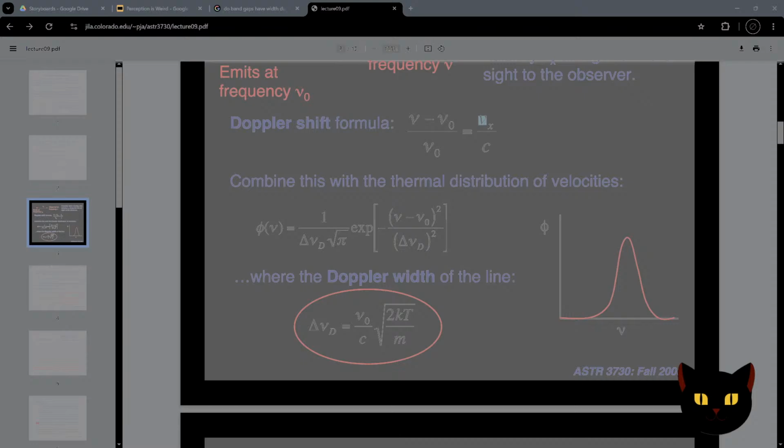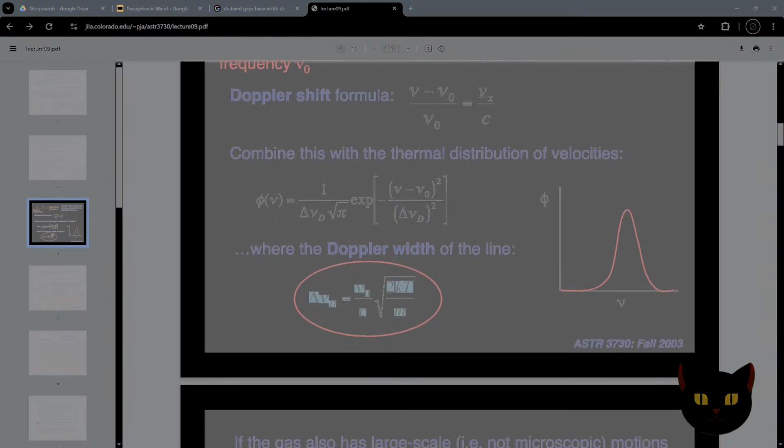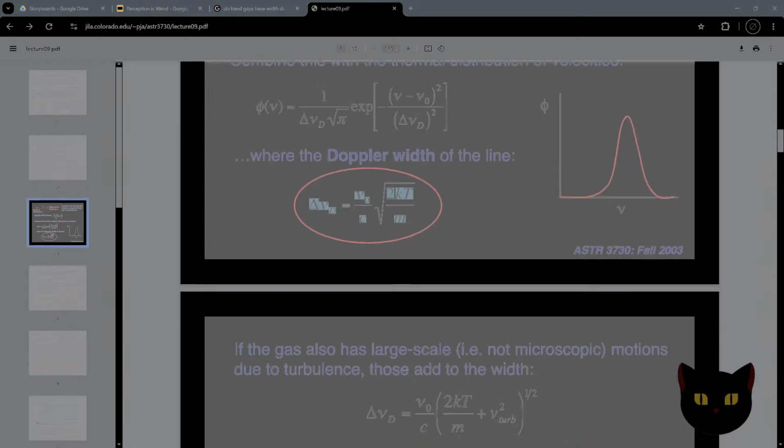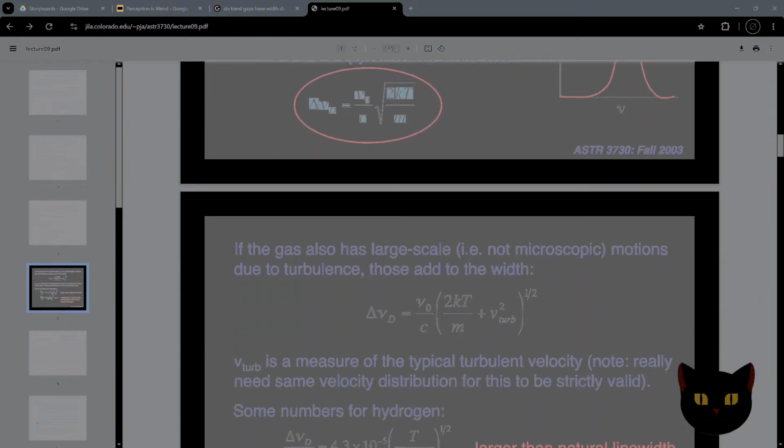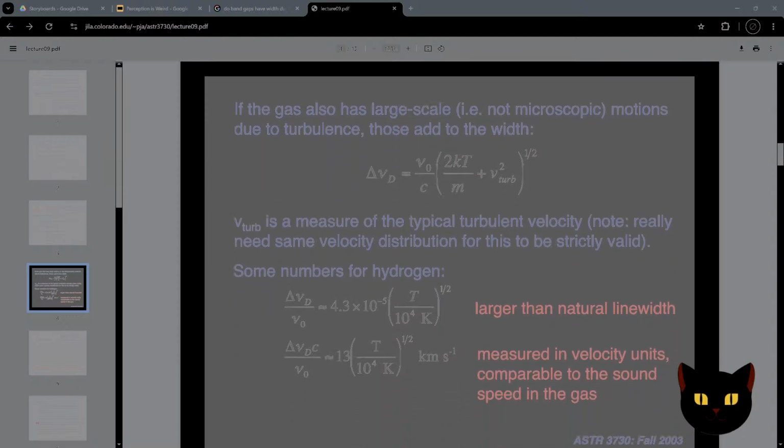So yes, there is a concept of Doppler width. If there's turbulence, the width can be even wider. The sun is pretty turbulent.